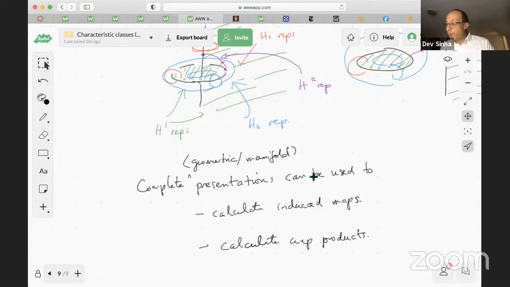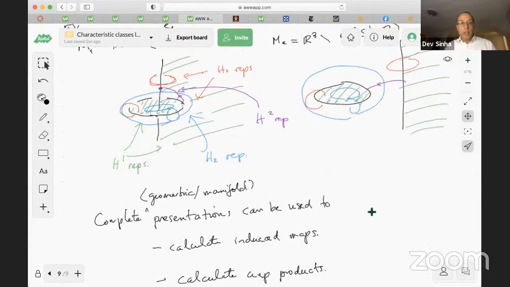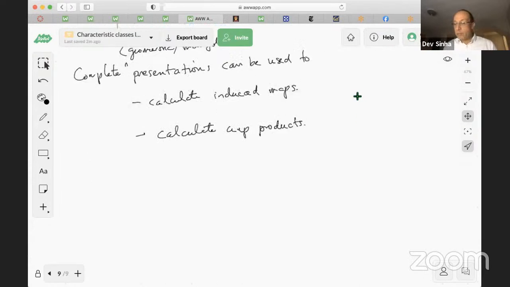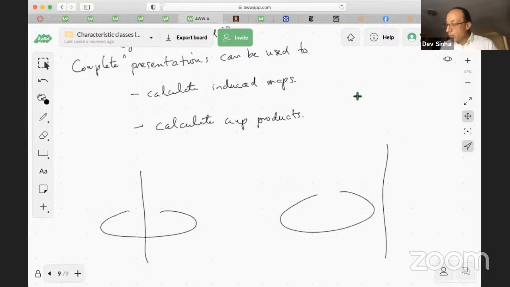So how can we calculate cup products? I'm going to be brief because I did want to make this a reasonable amount of time, and I wanted to talk about an example. But here, let's redraw. So what are our H upper one representatives again? They're these green manifolds.